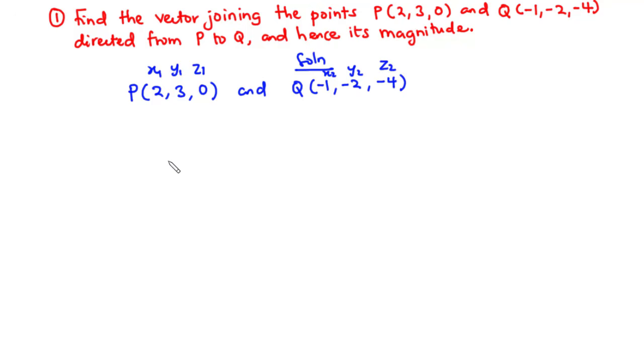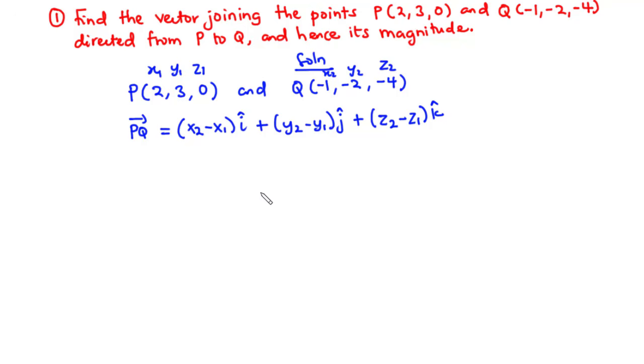Now the vector joining the 2 points P and Q is given by vector PQ, and that is equal to (x2 minus x1) i cap plus (y2 minus y1) j cap plus (z2 minus z1) k cap.